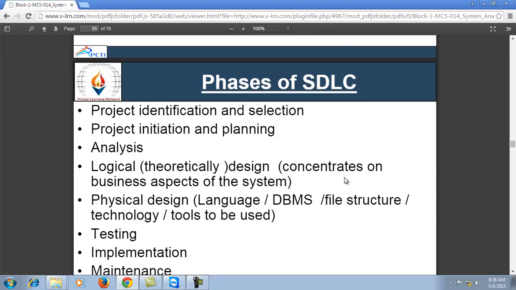So in today's session we will discuss each and every phase of the SDLC in detail, at minute level rather, I must say. Right?